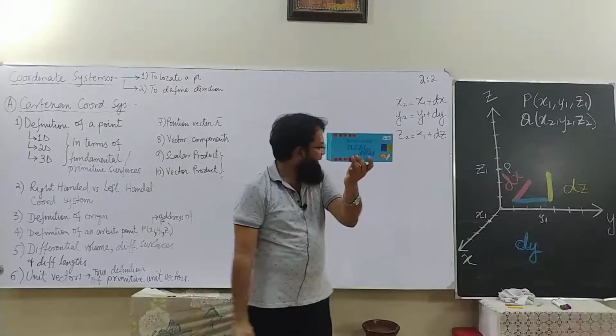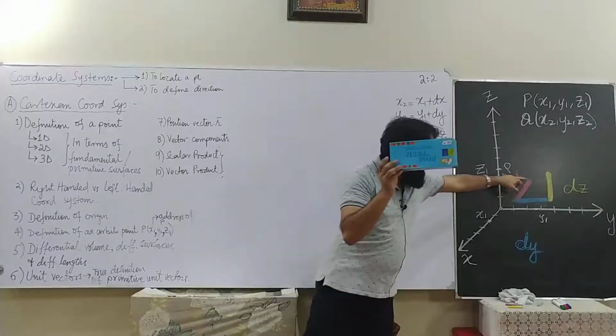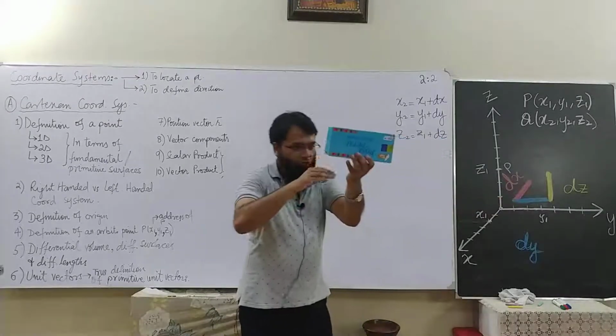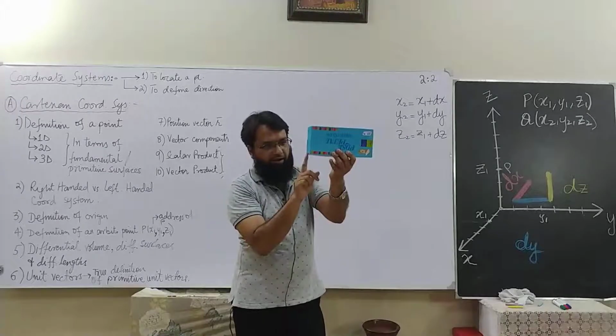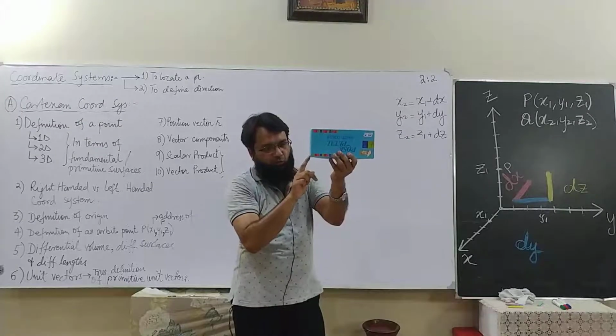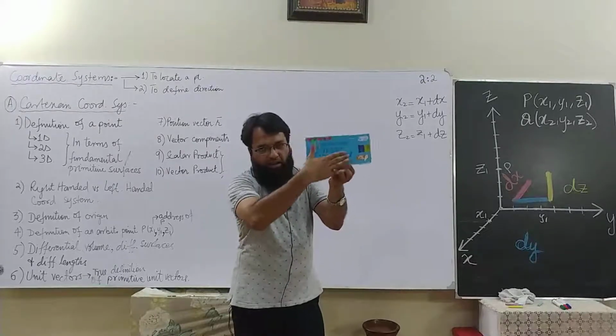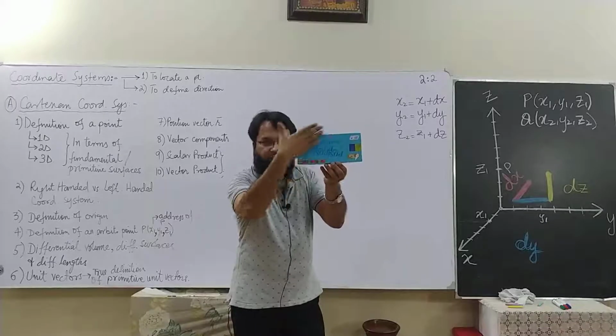And in order to reach point Q, what we had to do, we had to move in the direction of x, because we are already at x equals x1. If we move a certain distance here, we are on another plane, x equals x2.